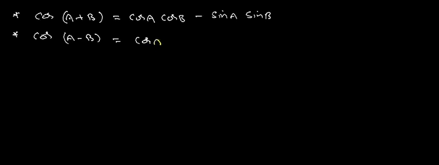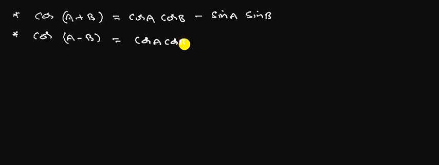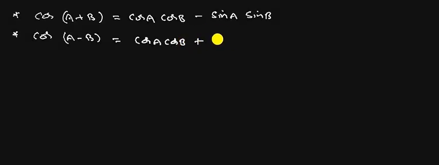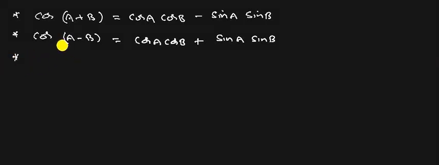And cos of a minus b is equal to cos a cos b plus sin a sin b. So as in our previous results, the same thing I'm going to do here also.